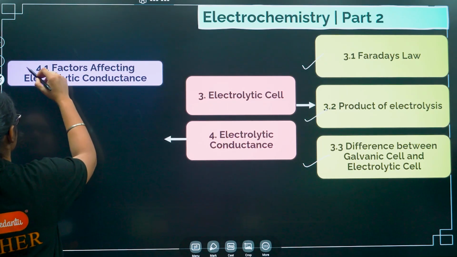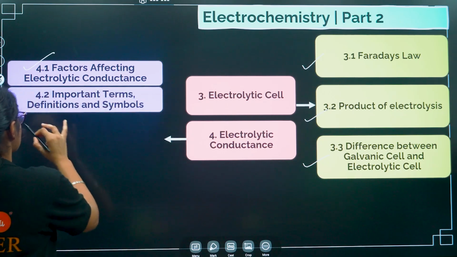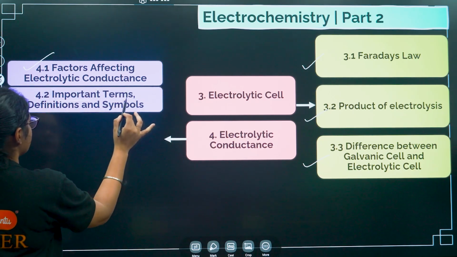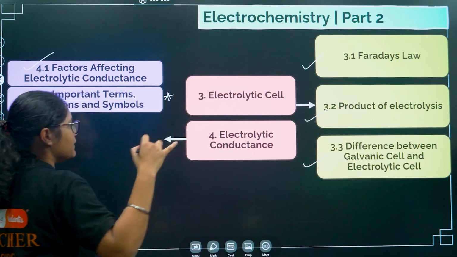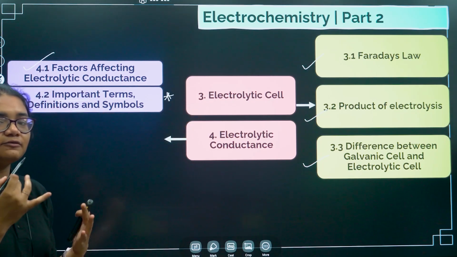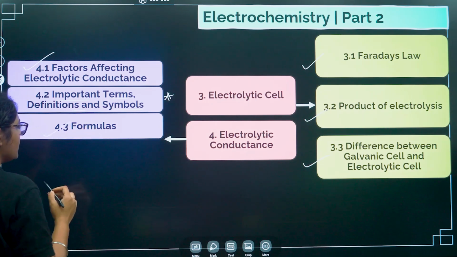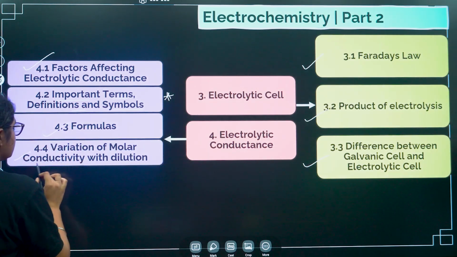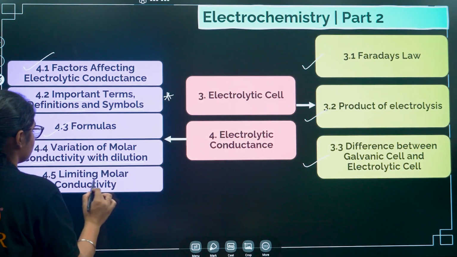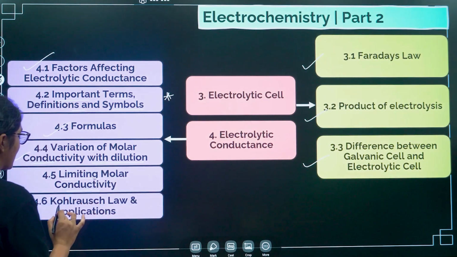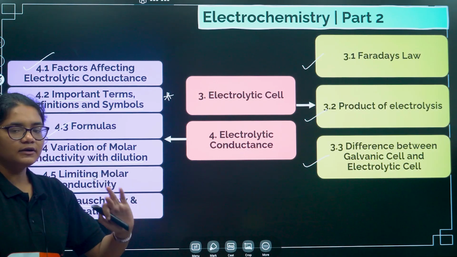So here first we'll be discussing factors affecting the electrolytic conductance, then we'll be talking about some important terms, their definitions and symbols. This is very important because many a time students get confused with different terms and symbols. Next we'll be covering some important formulas, then we'll be talking about variation of molar conductivity with dilution, and lastly we'll be covering limiting molar conductivity and Kohlrausch's law. Okay, so yes, with this we'll start today's lecture.